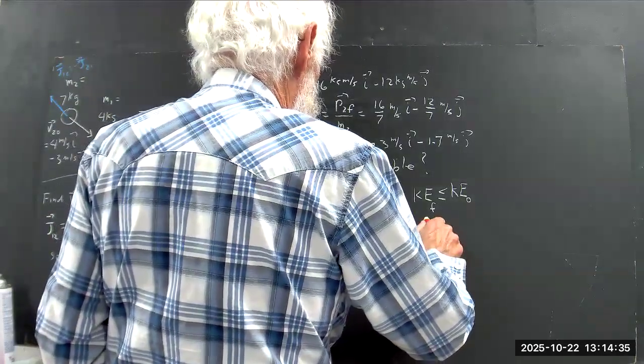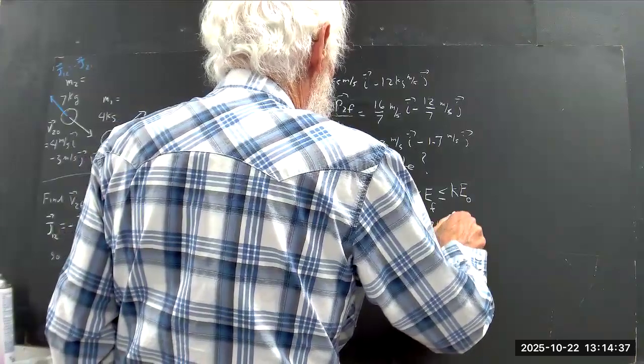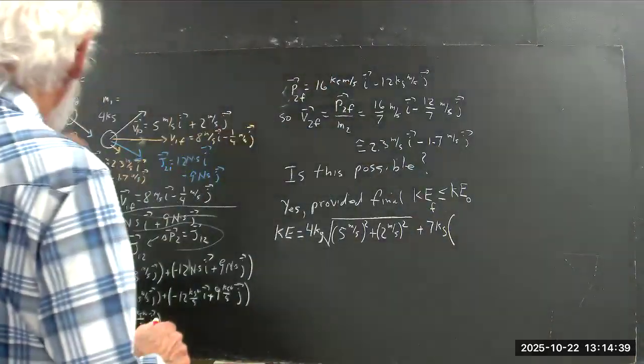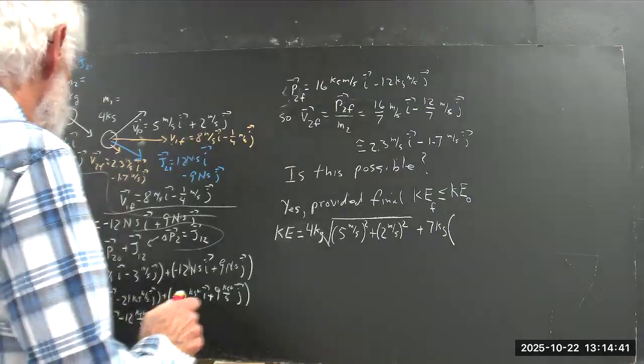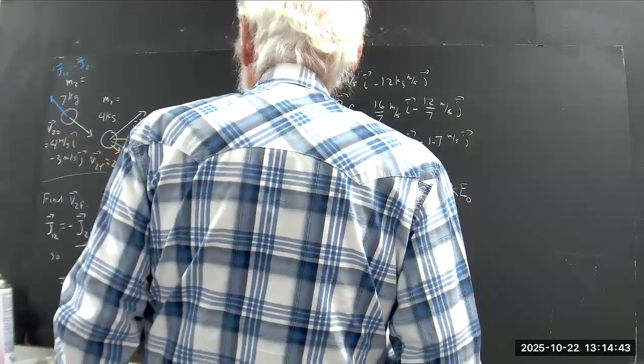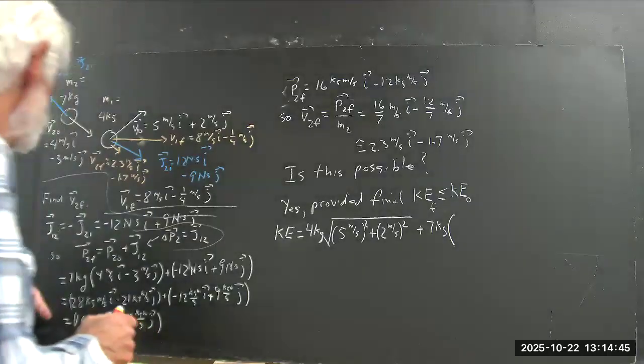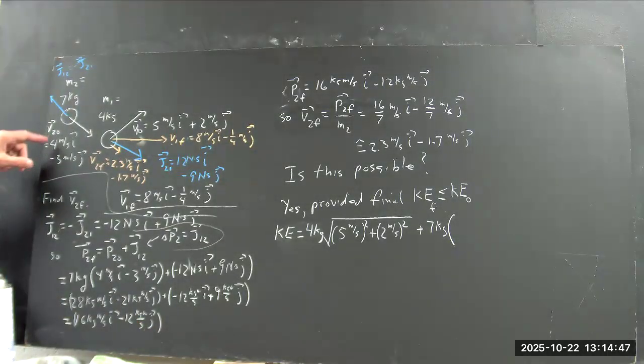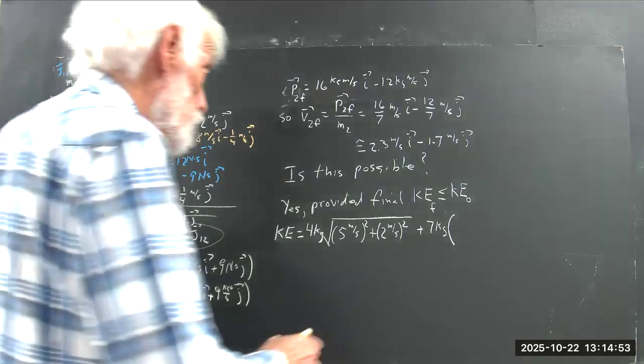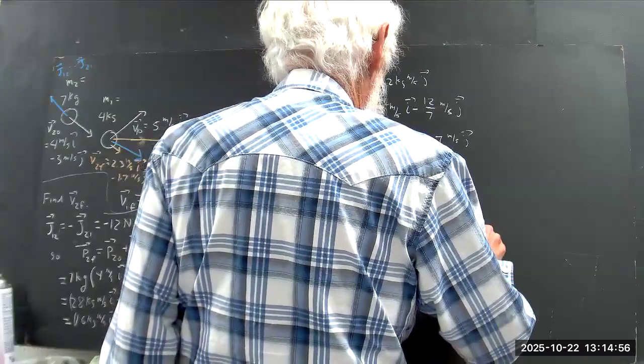Then we have plus 7 kilograms multiplied by the speed of this, which is 5 meters per second. That's just a 3, 4, 5 triangle. You can look at it. So I'm going to shortcut that so I don't have to write it all out.